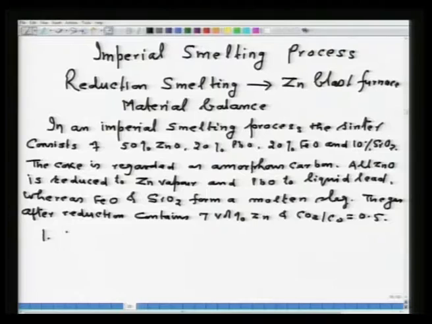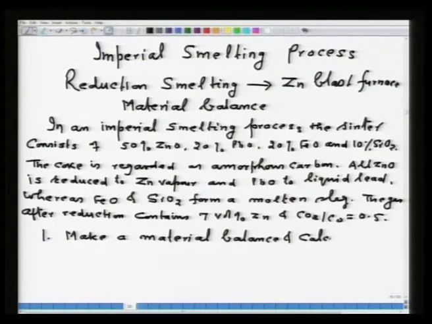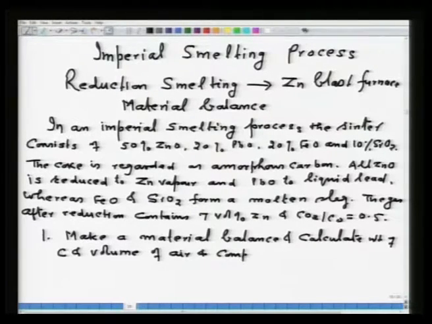What you have to do: make a material balance of the process and calculate weight of carbon and volume of air and composition of gas.